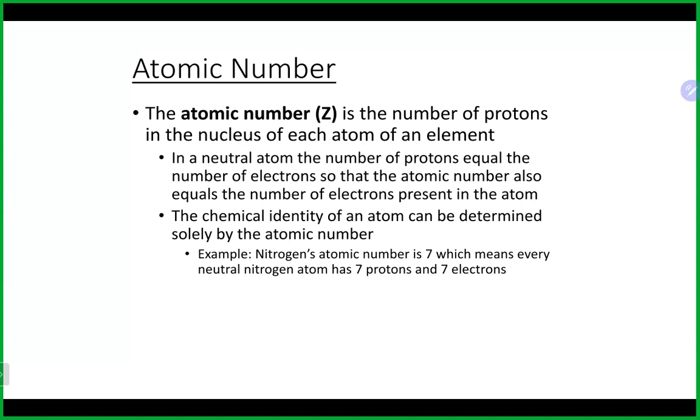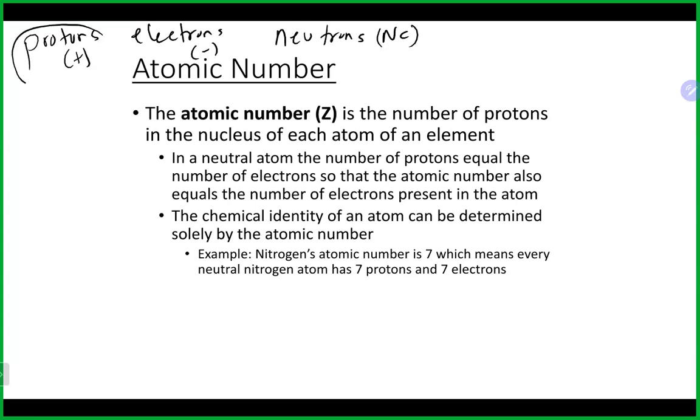Now, every atom is made up of protons, which are positive, electrons, which are negative, and neutrons, which have no charge. If we know the number of protons, which is the atomic number, and the atom is neutral, which means overall it has no charge, it will also tell us the number of electrons.